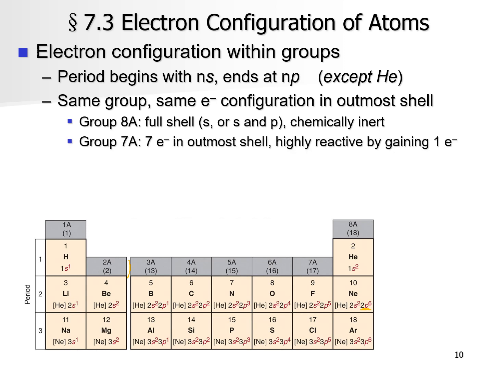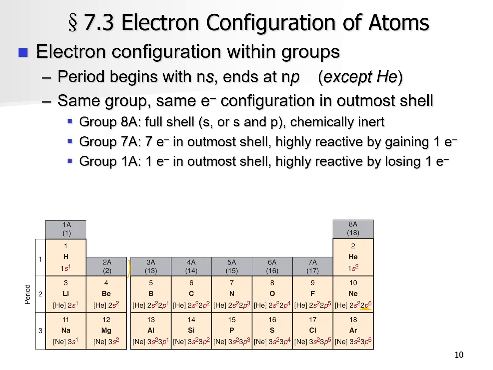But the elements in group 7A are only 1 electron away from having the same electron configuration as elements in group 8A. So they become highly reactive, trying to gain 1 extra electron. For group 1A elements, there is just 1 electron too many, right?